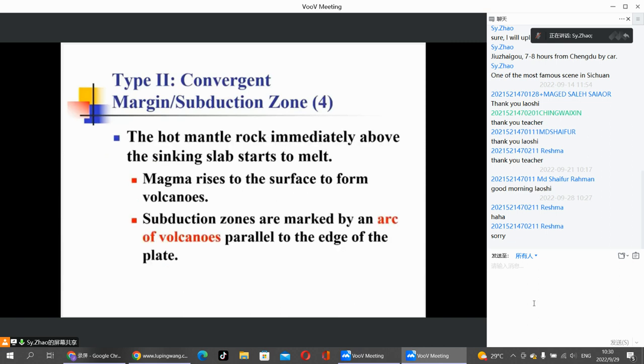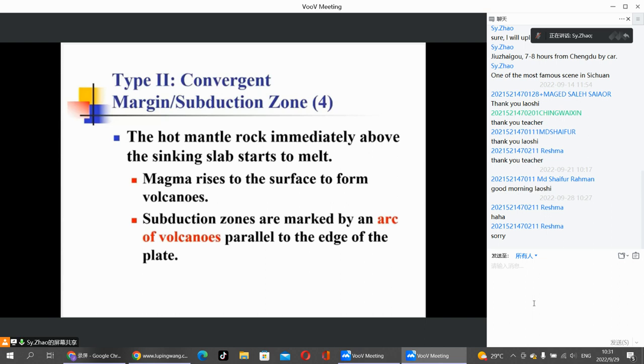The hot mantle rock immediately above the sinking slab starts to melt, and the magma rises to the surface to form volcanoes.